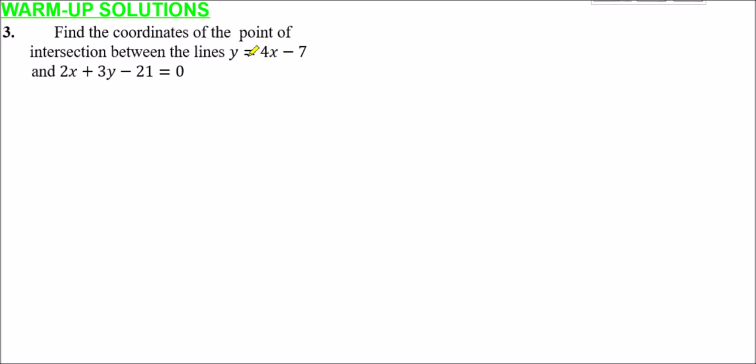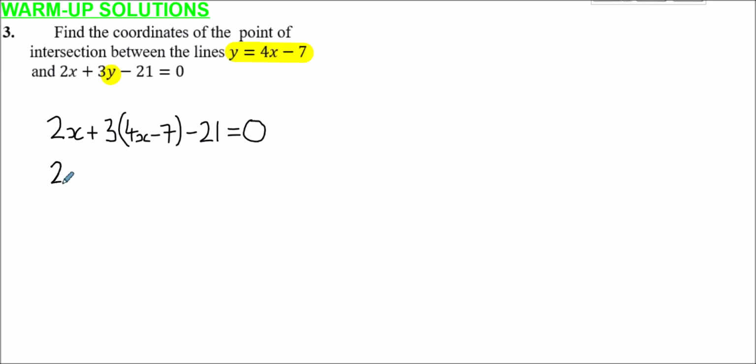I'm going to substitute this value of y into this equation here. And so what we'd get is 2x plus 3 lots of y, which is 4x minus 7, minus 21 equals 0.